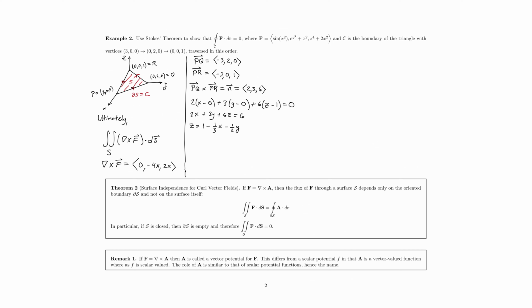So what we could completely do at this point is parameterize this, using the whole shortcut trick that we talked about, where we can even use the same variables. I know that I almost always use u and v, but we can just keep the same variables, because if we're going to let x equal u and y equal v, might as well just let x be x and y be y. And then here we get 1 minus 1/3 x minus 1/2 y.